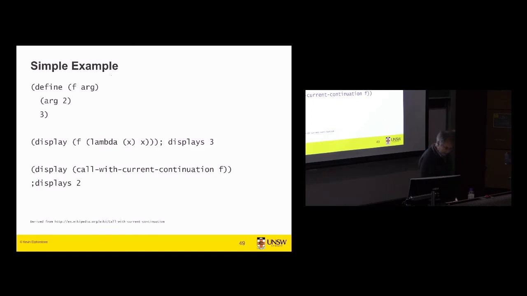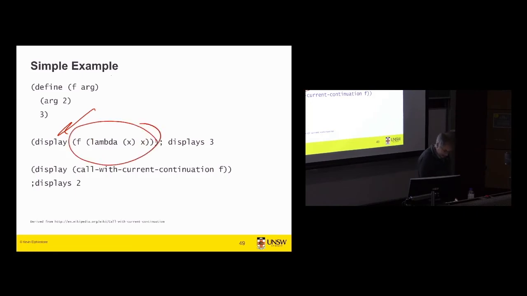So if I call display on f, and the function that I pass it is effectively an identity function created on the fly using a Lambda function. So it just basically takes the argument 2 and produces 2. And I display the result of this.